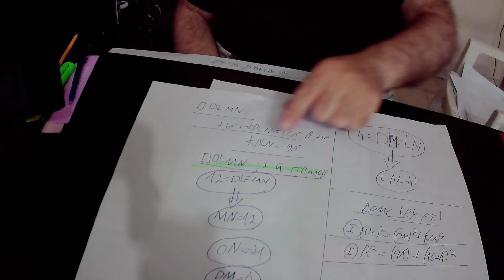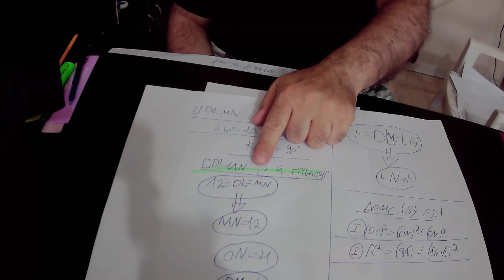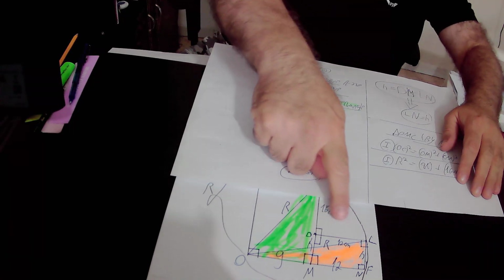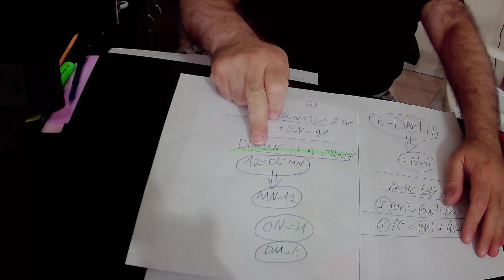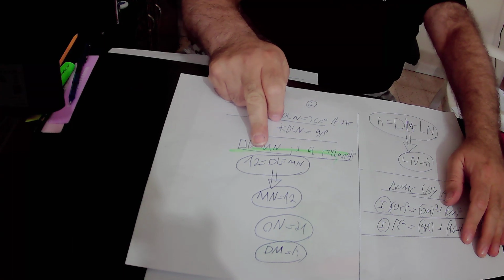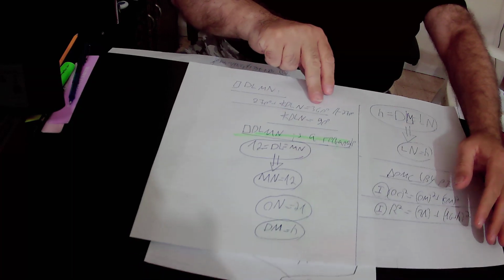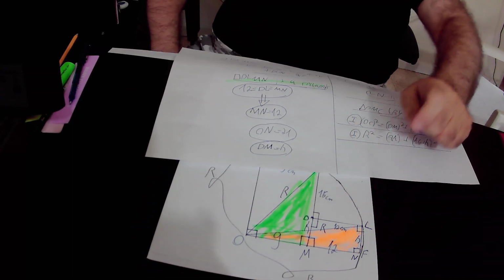But according to what is given, side DL equals 12 units, so from 12 equals DL equals MN, we derive that side MN is also 12 units.